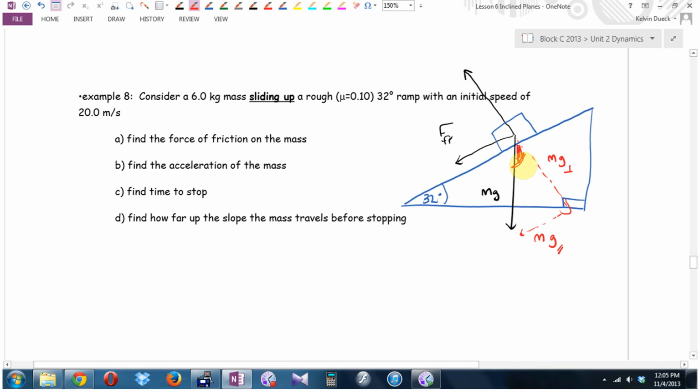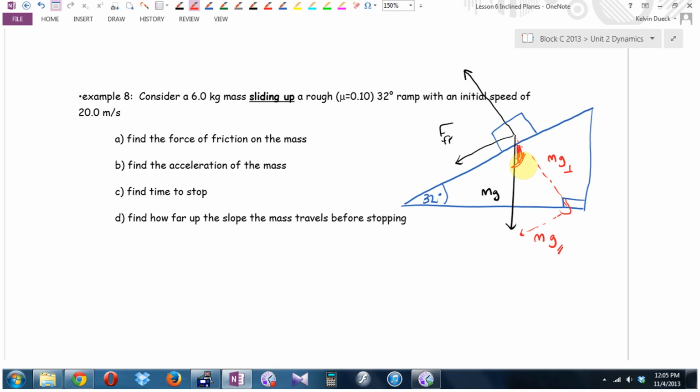Now, I like example 8, except I would have no problem just giving you example 8D and not having you walk through all the other stuff, expecting you to clue in: if they want me to find how far, that's a distance, I've got an initial velocity, V final is 0, I need to find acceleration or time or something. Oh, acceleration would make sense.